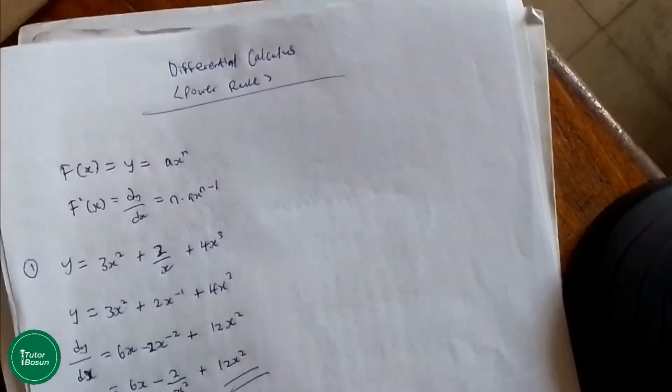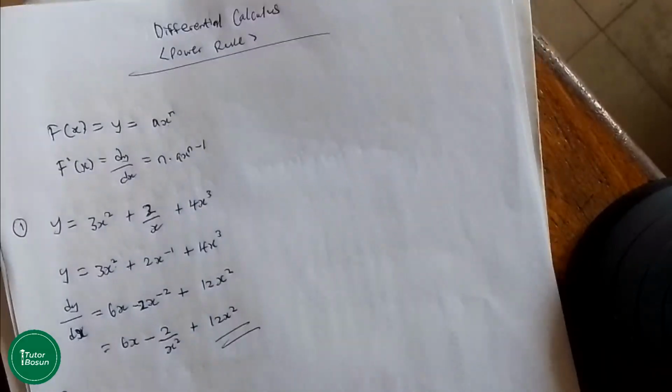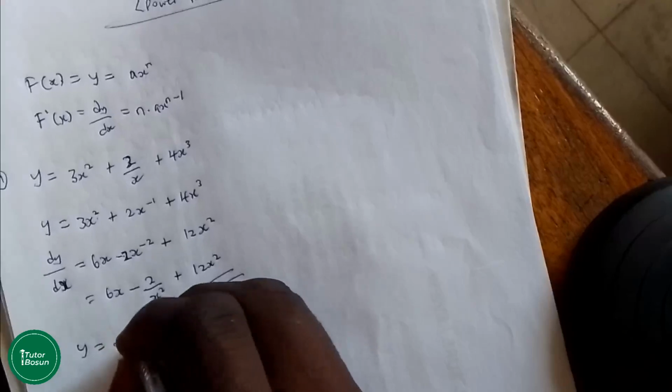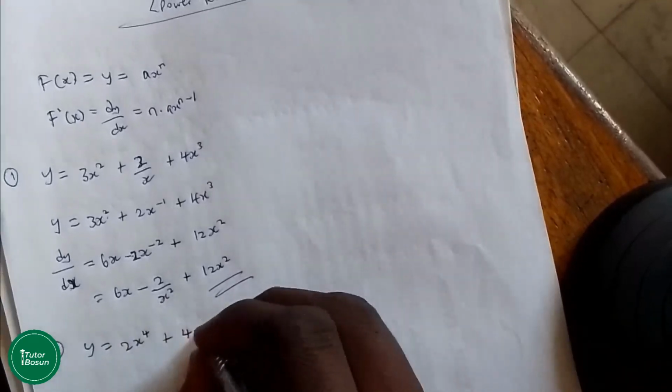Let's solve one more example on that. Let's say we have y equal to 2x raised to power 4 plus 4x raised to power 3. Then dy dx will be giving us 4 multiplied by 2x raised to power 4, and that's 8x.